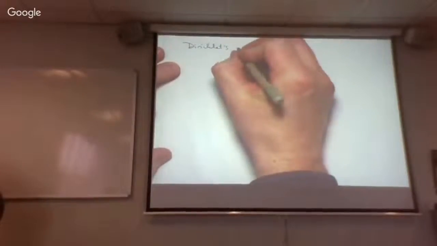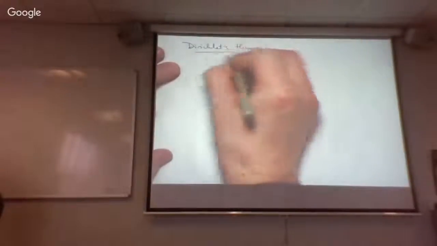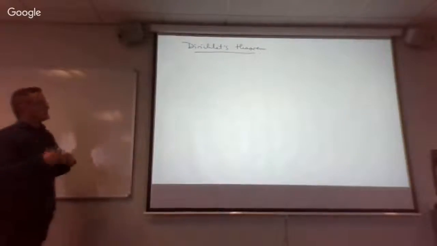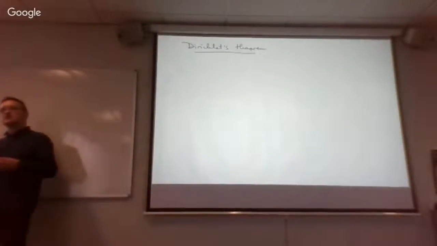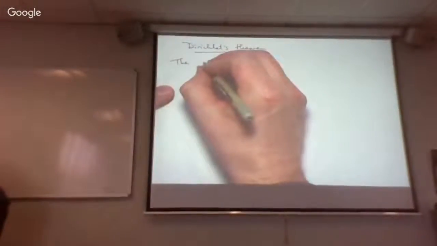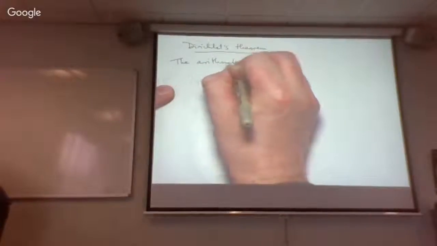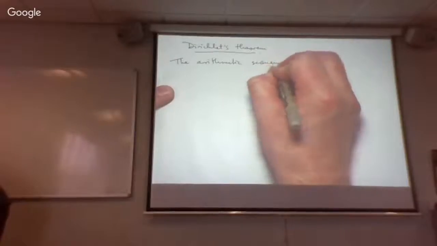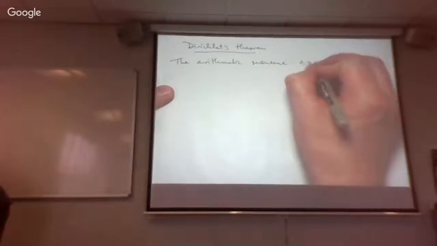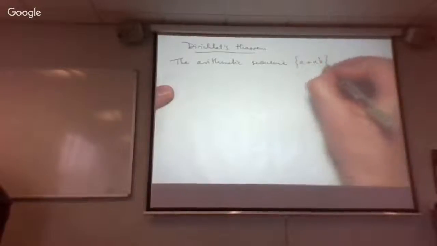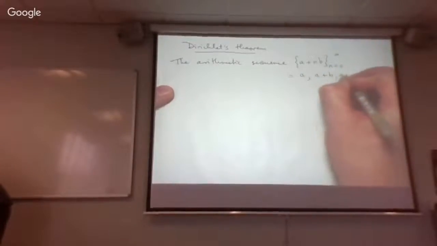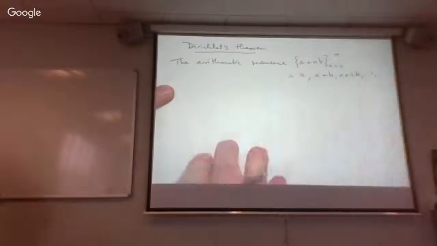So remember, Dirichlet's theorem, normally stated as Dirichlet's theorem on primes in arithmetic progressions or primes in arithmetic sequences. It says that the arithmetic sequence a plus nb, where n goes from 0 to infinity, so this is the sequence a plus b, a plus 2b, etc., continues like that.